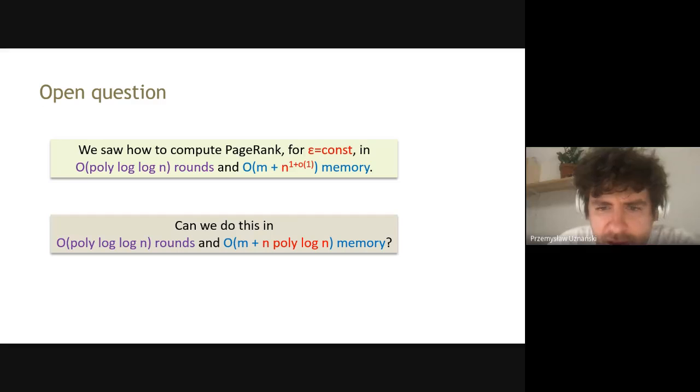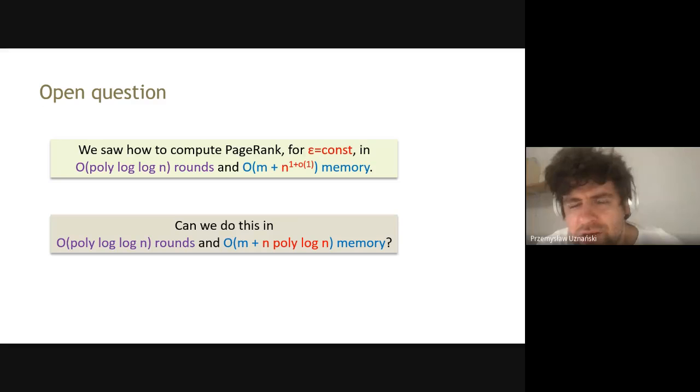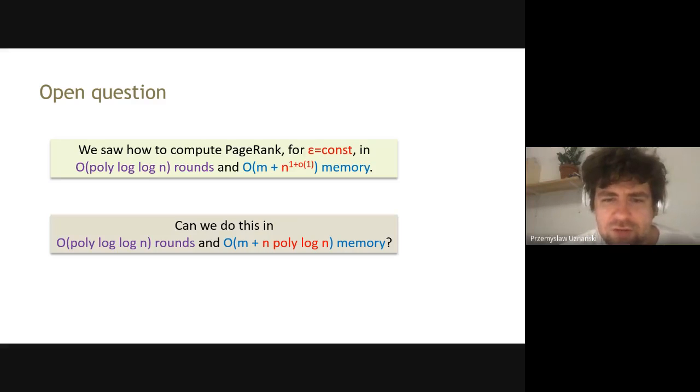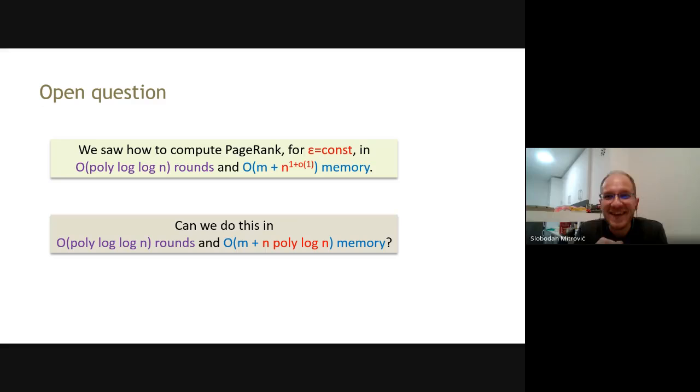I also want to be sure, because you are approximating PageRank, but it's not hurting us. It's not leaking into the approximation of the random walks, because we are only doing it to allocate enough sampled random walks from vertices, right? Yes, you're right. It's a very good question.